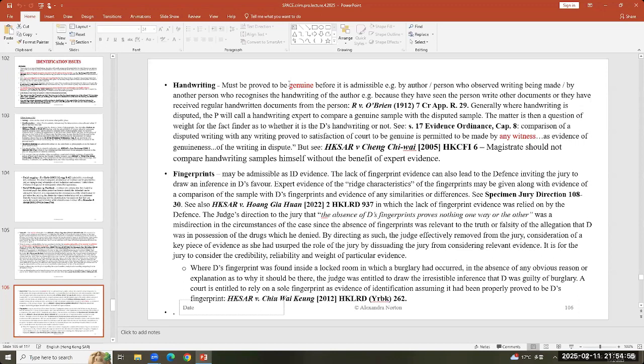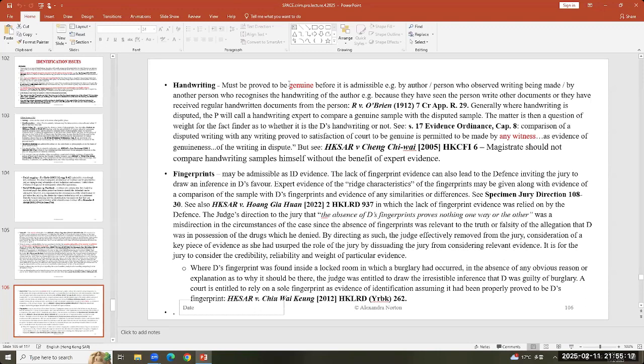Usually, though, expert evidence would be called where there's a dispute about handwriting. And you can also have fingerprint evidence, of course, or you can have a lack of fingerprint evidence. In that case of Huang Ji Huan, there's a drug trafficking case. And the defendant's defense was, he's not a drug trafficker. He's a drug addict.